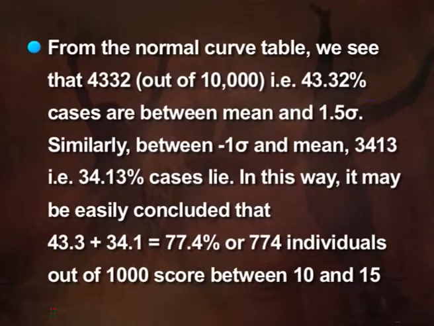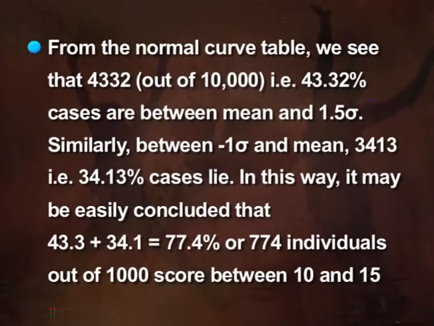In this way, it may be easily concluded that 43.3 plus 34.1 is equal to 77.4%, or 774 individuals out of 1000, score between 10 and 15.